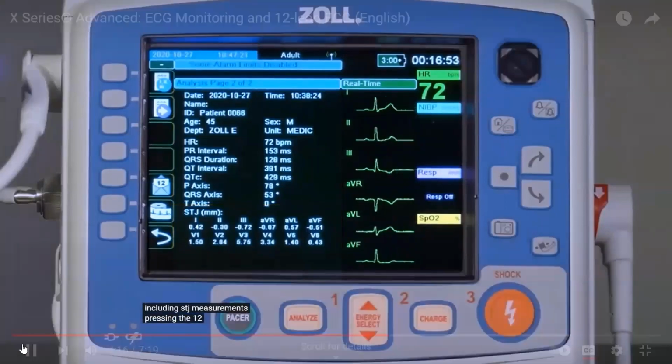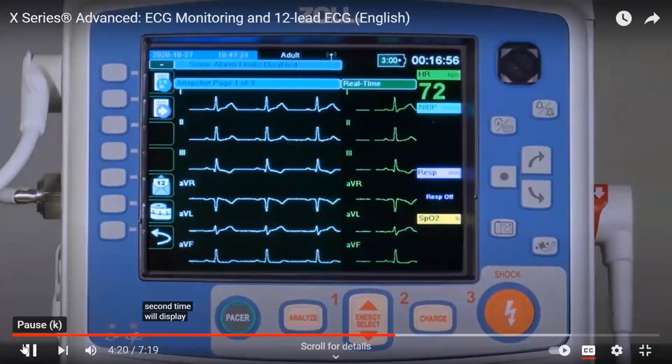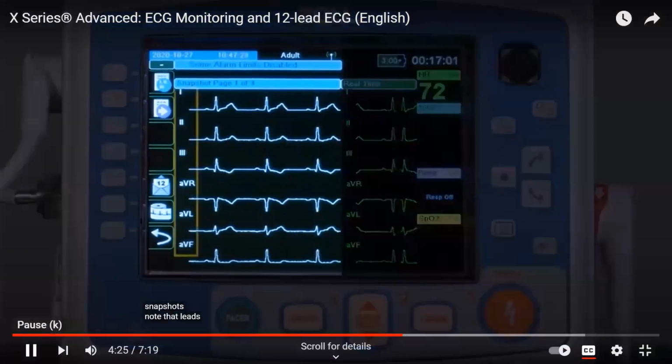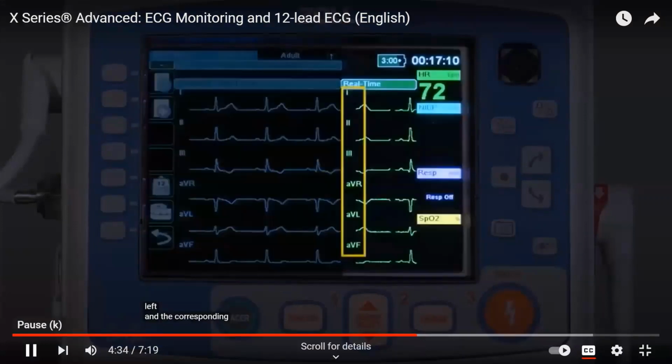Pressing the 12-lead Review Next key a second time will display page 1 of the 12-lead ECG snapshots. Note that leads 1, 2, 3, AVR, AVL, and AVF from their acquisition are shown on the left, and the corresponding live view of the same leads.